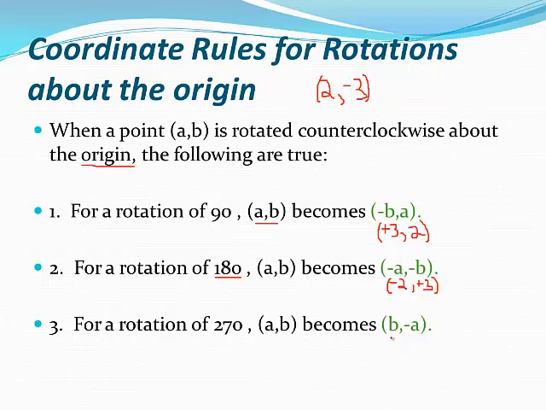You switch the 2 values and then you take the opposite of the second value. So we get -3, comma, 2, and then I take the opposite of the second value, the opposite of +2, which would be -2. And that's it. If you're faced with a quadrilateral, you just do it 4 times. Triangle, you do it 3 times.